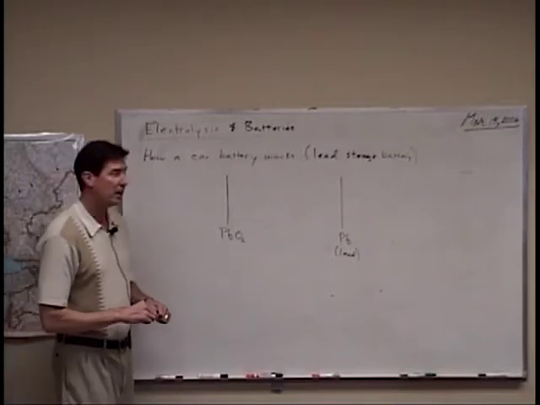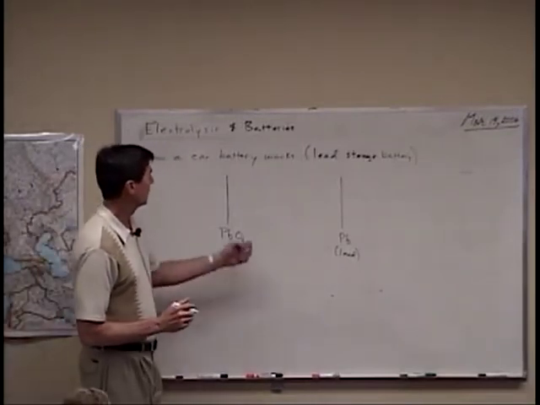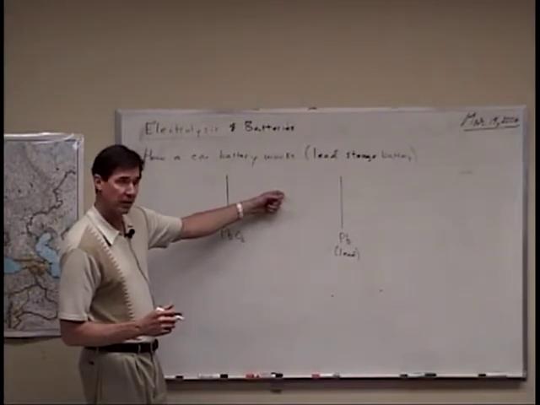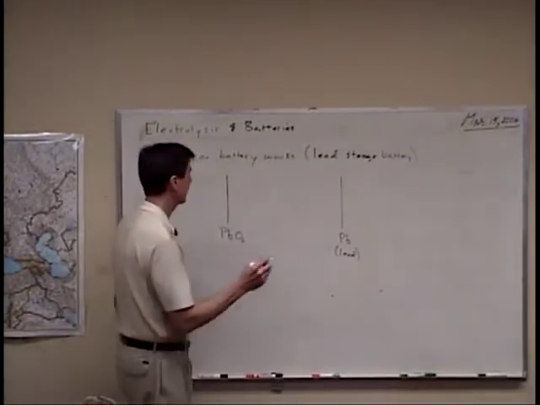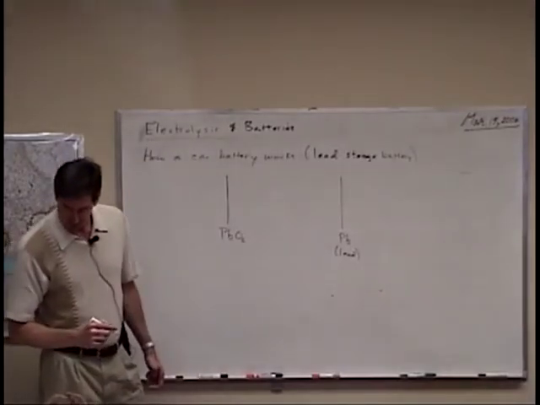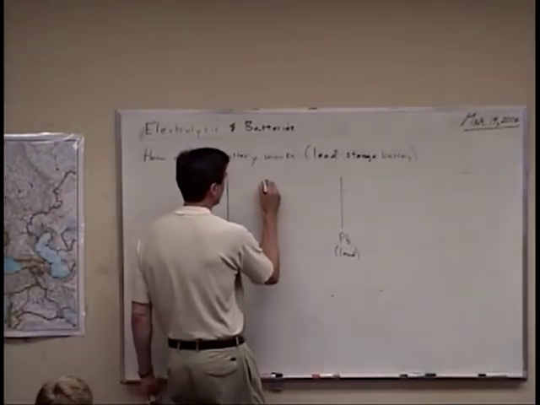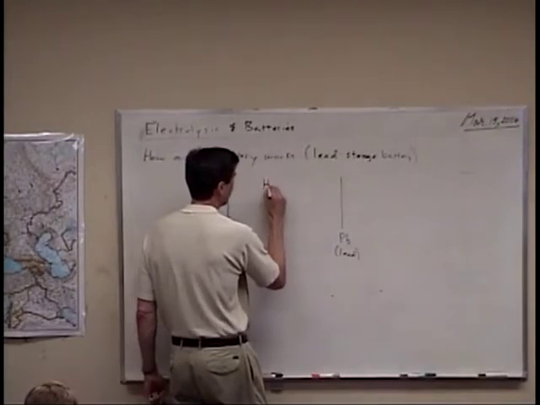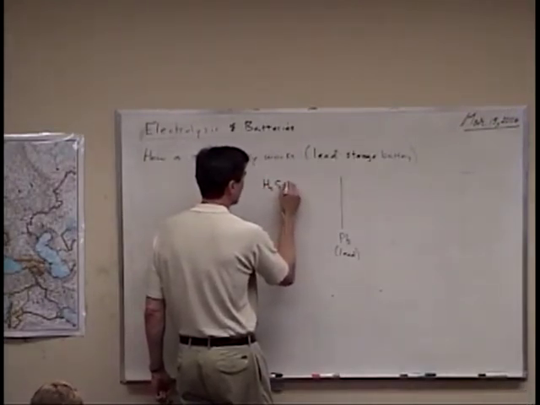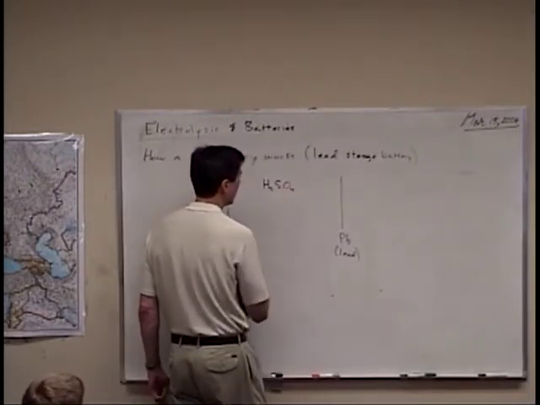And then you put sulfuric acid in solution in between these plates. The molecular formula for sulfuric acid is 2 hydrogens, a sulfur, and 4 oxygens.